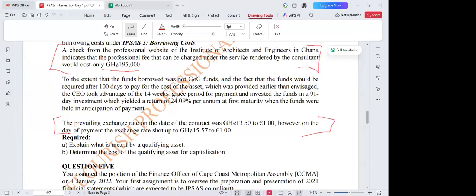Relax, big man. Why? Okay, sir, it is because this is not an amount we owe. So I think we use the 13.50. Oh, you're changing your mind right now. Yes. I didn't read it well. I thought it was a debt.